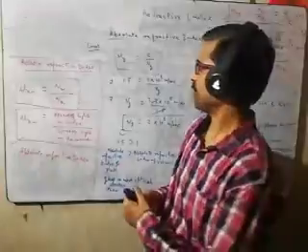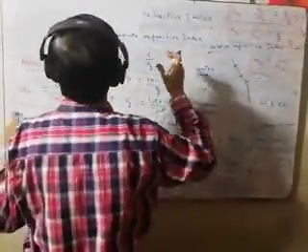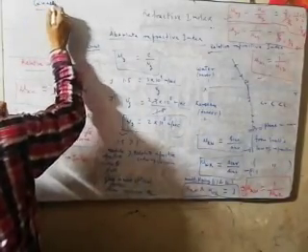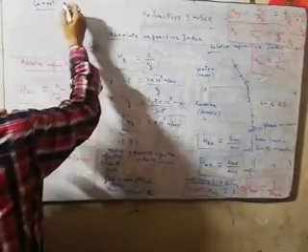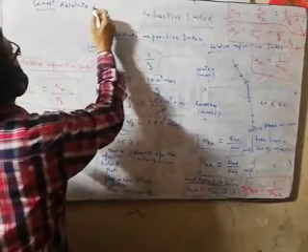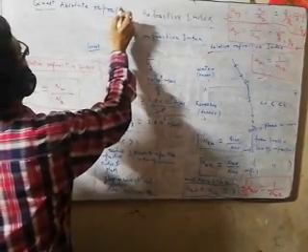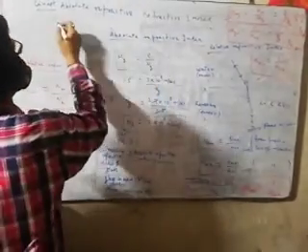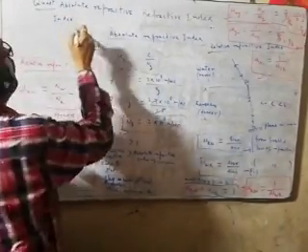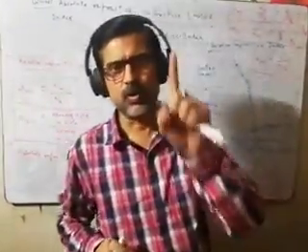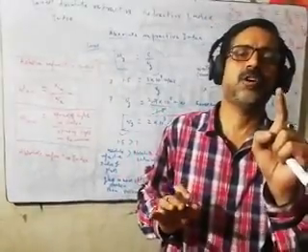So the question is, you can write it with me. Absolute refractive index of glass is 1.5 or 3/2.